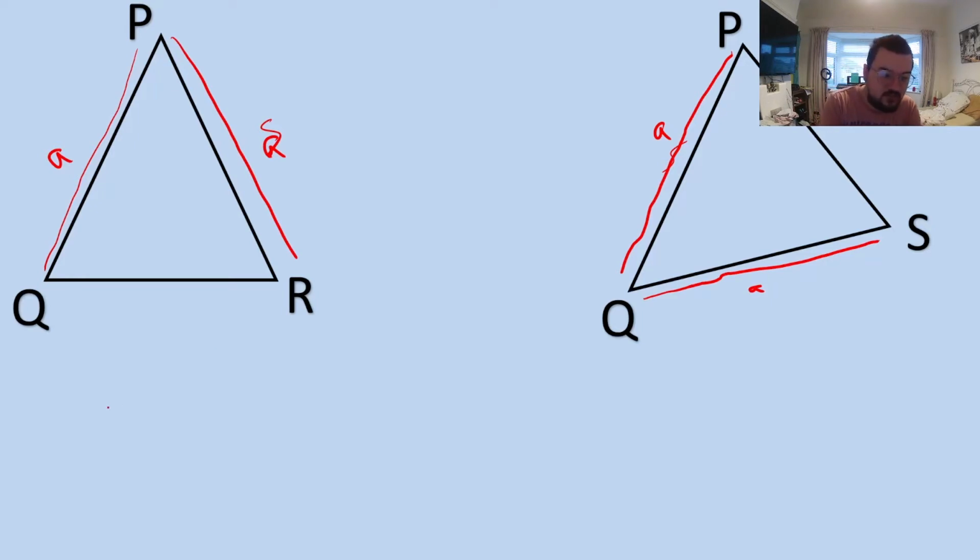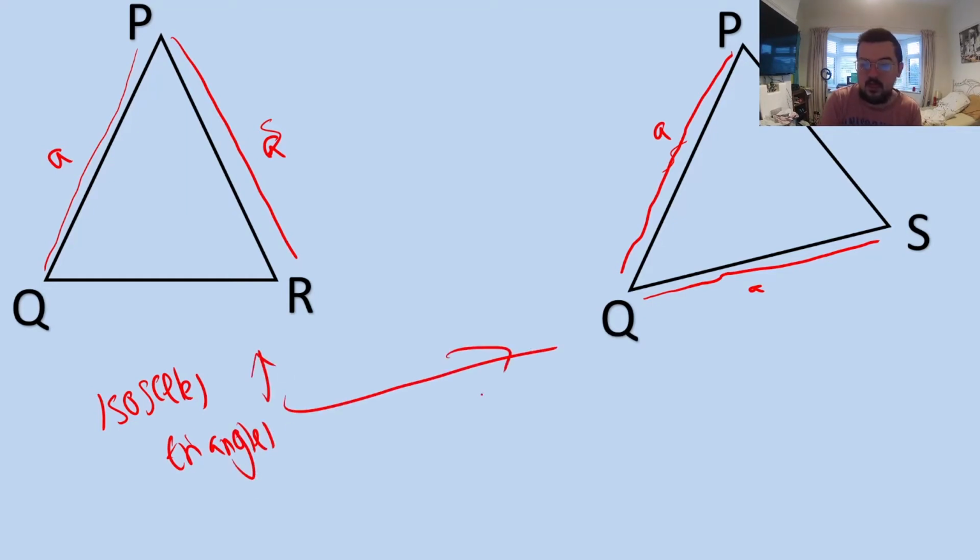Therefore, both of the triangles labelled are isosceles triangles.